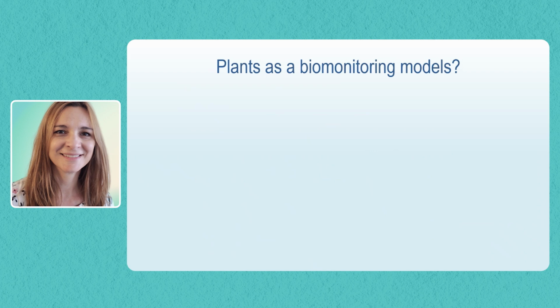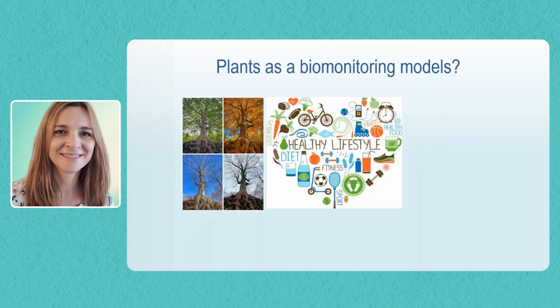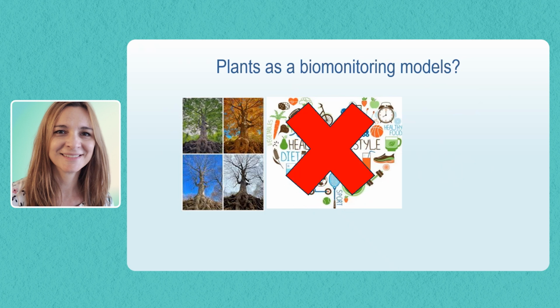So why use plants as biomonitoring models, and what are the advantages of using plants? Well, definitely, as for lichens and mosses, plants are sessile organisms and continuously exposed to changing environment and conditions. Additionally, you don't have to care about lifestyle factors.